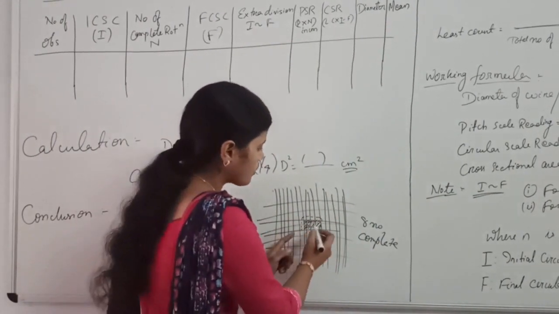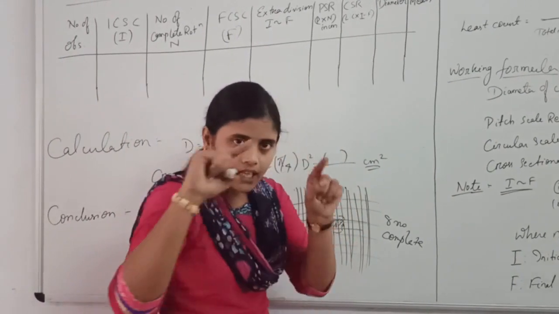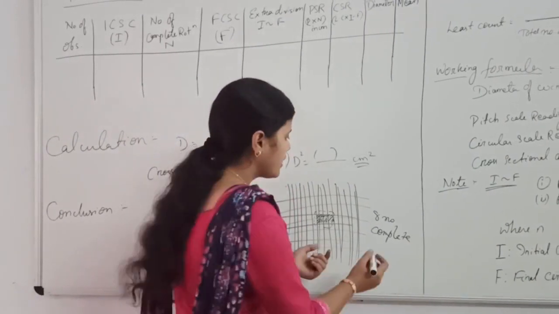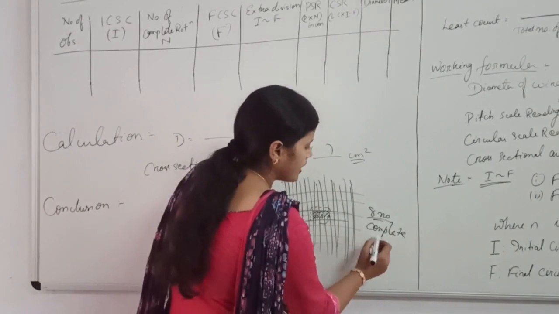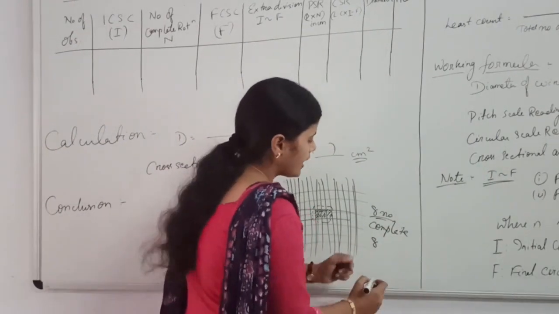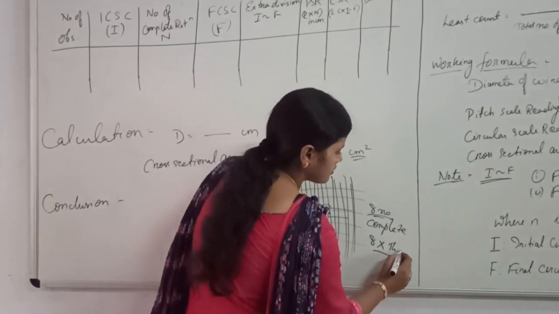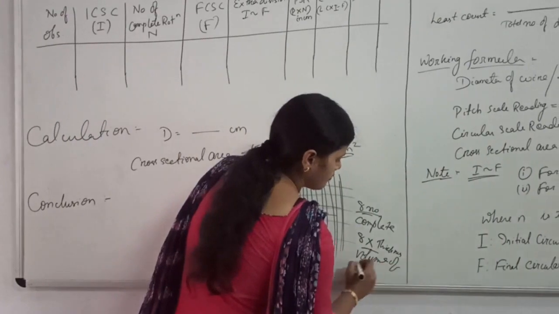You will draw the outline of the plane lamina, and then inside that small area, you will count the complete squares. Suppose 8 complete squares came. You have to do 8 into the thickness. That will give you the volume of the plane lamina.